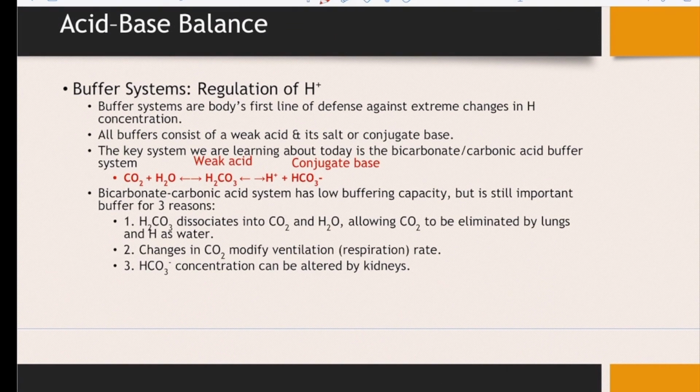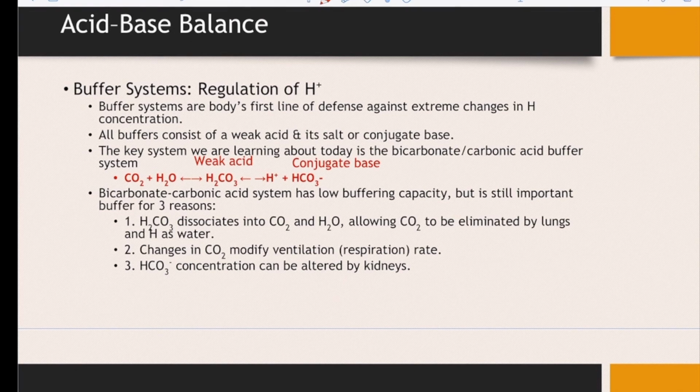Okay, so again, we're just going to be focusing on that first acid-base regulatory system that we talked about, bicarbonate and carbonic acid. Like we said before, all buffers consist of a weak acid and its salt or conjugate base.